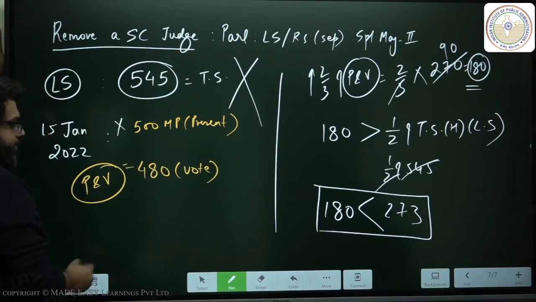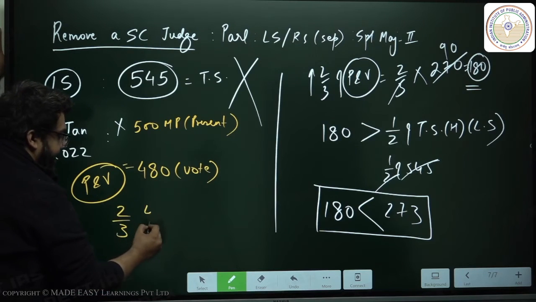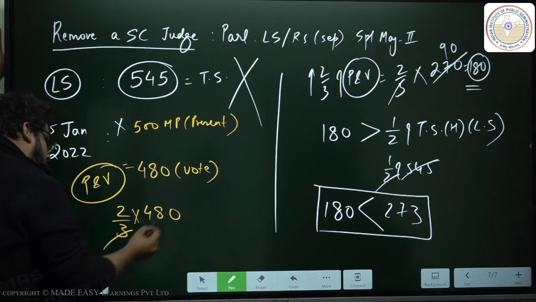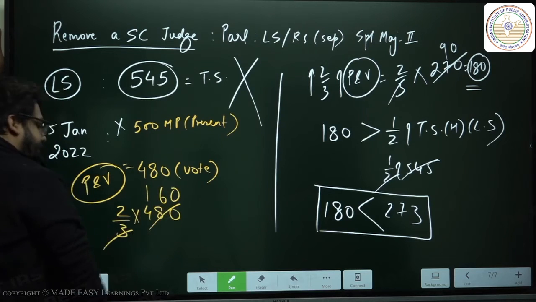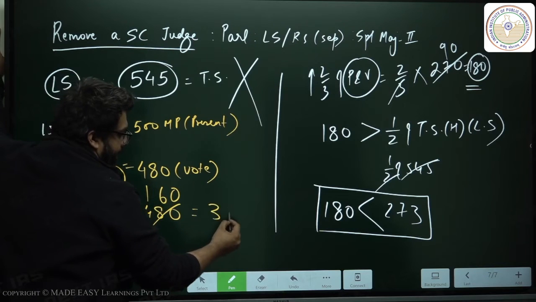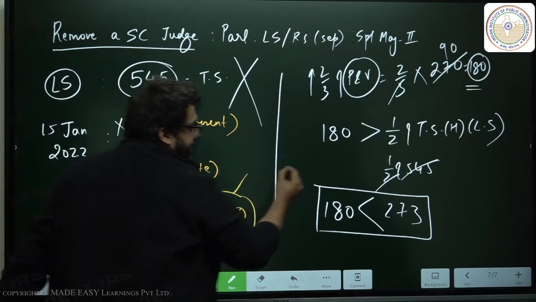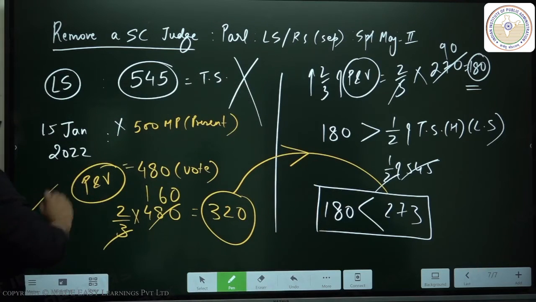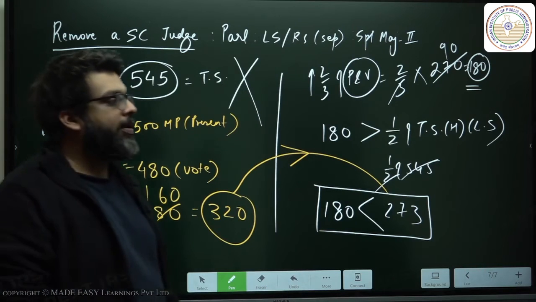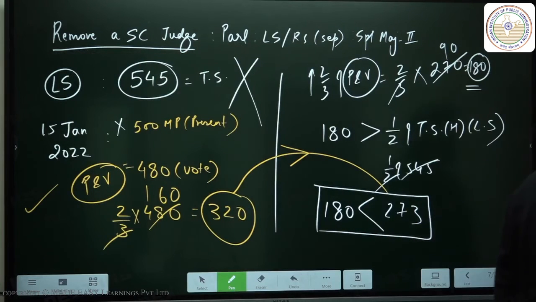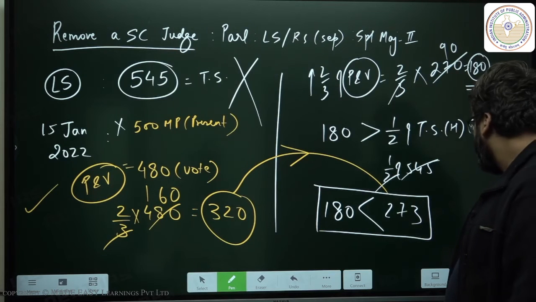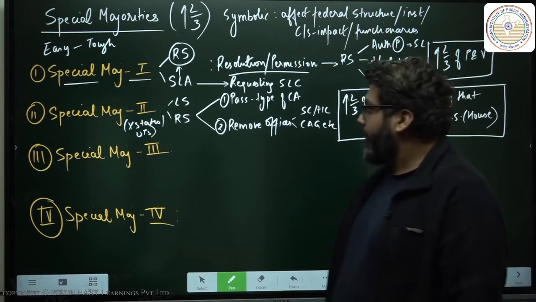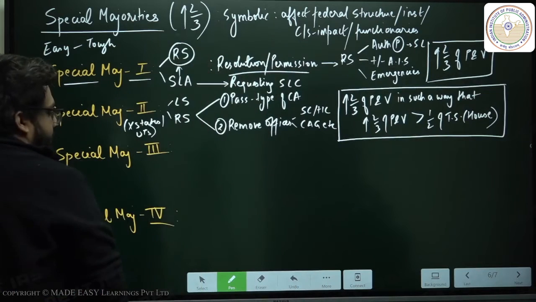So what is more than 2/3 of 480? 3 1s are 3, 3 6s are 18, 16 3s are 48. This is 320. This strength is more than 273. In this case, the Supreme Court judge would have been removed. So this is called special majority 2.